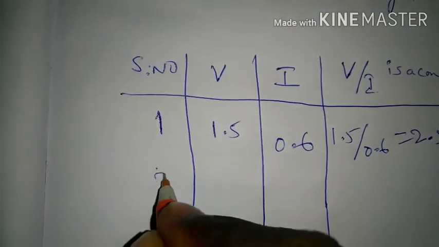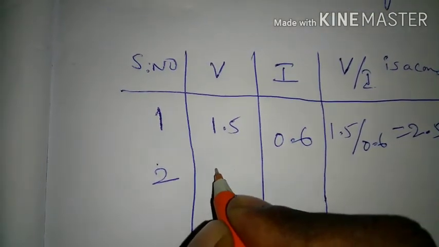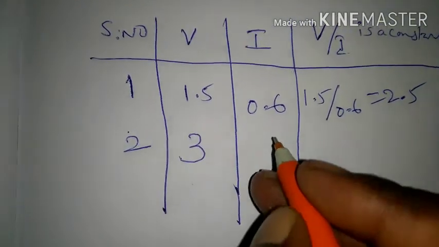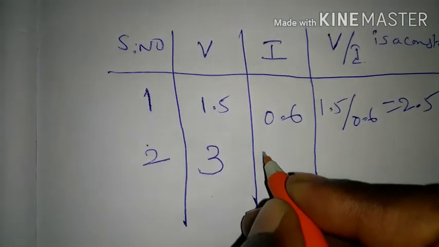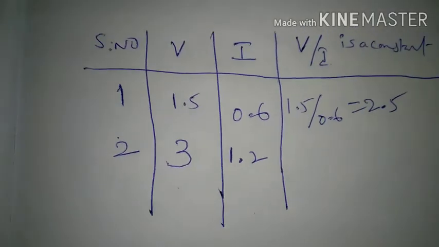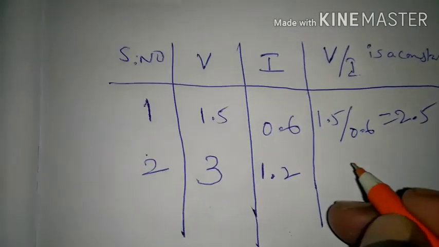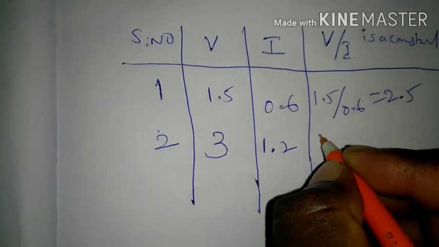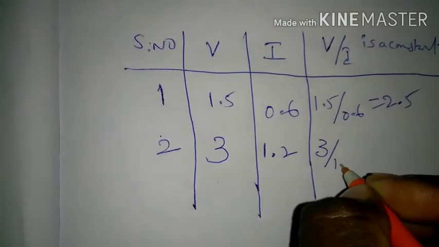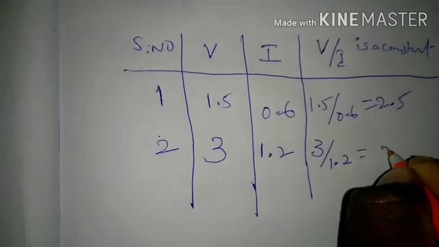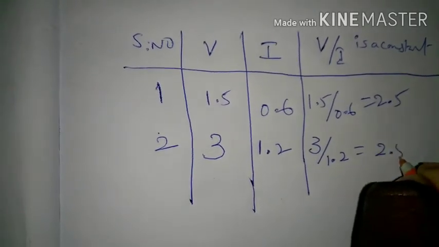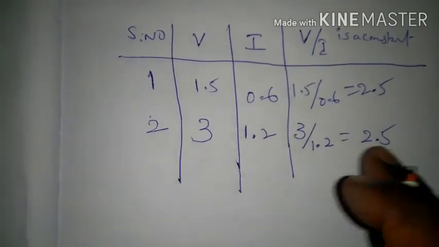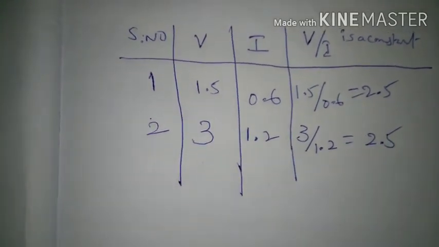Serial number 2. Voltmeter value 3. Current value 1.2. Now V by I, 3 by 1.2 is equal to 2.5. V by I value is 2.5. This is the second value.